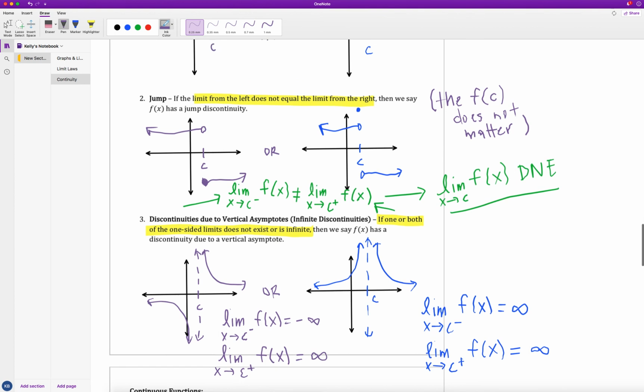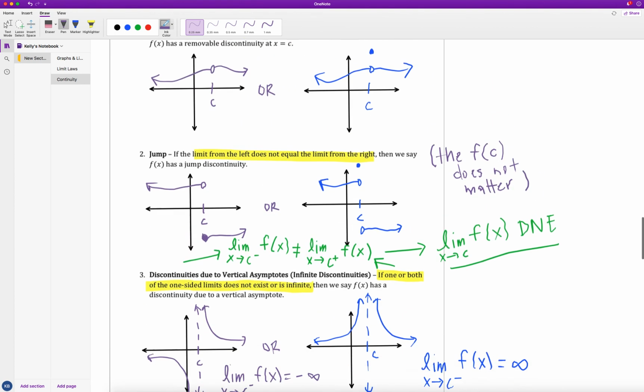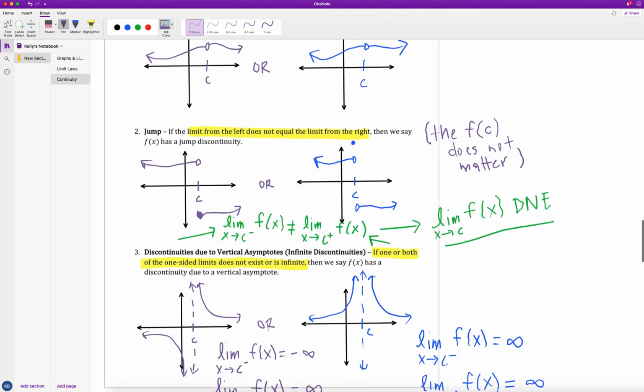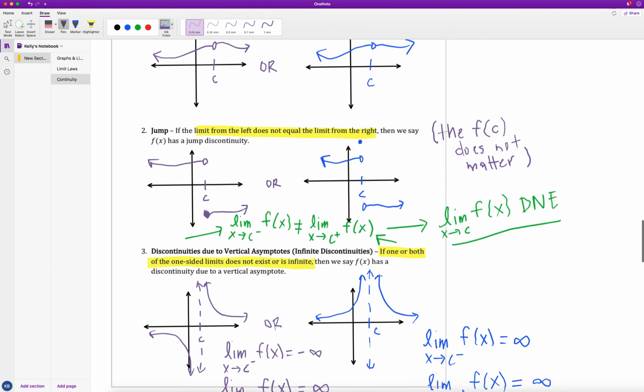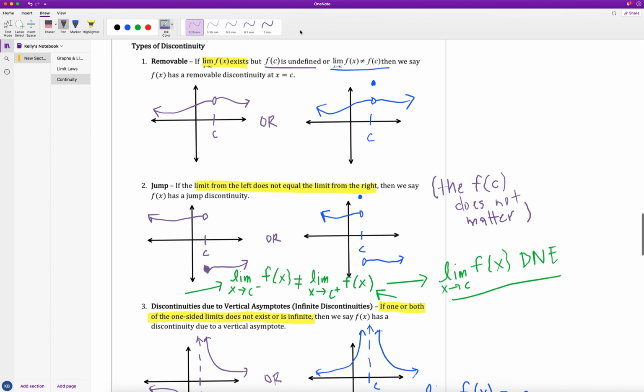And from here we can see through these three different examples, and hopefully the graphs give you a nice visual of it, that these are all different types of discontinuities, from the removable, which happens because the limit exists, so the left side equals the right side, but the function value does not exist here.